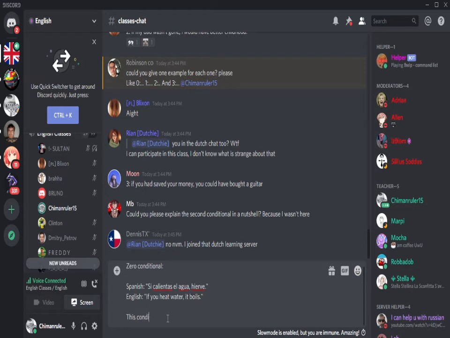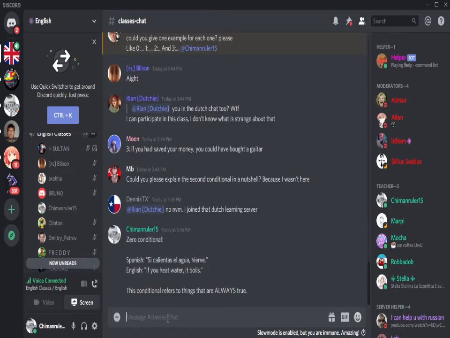Again, this conditional refers to things that are always true. So you can see that in Spanish and English, the system of conditionals is very similar. In Spanish, it would be this sentence, and in English, that sentence.